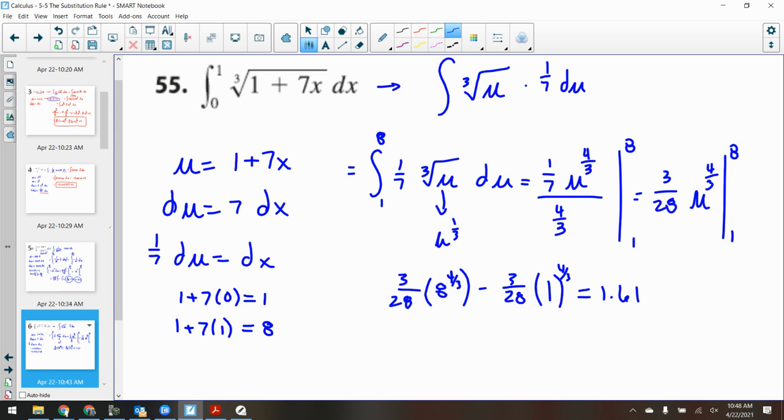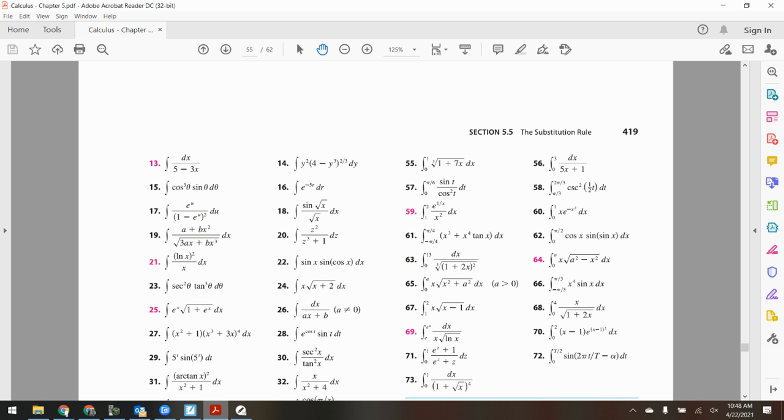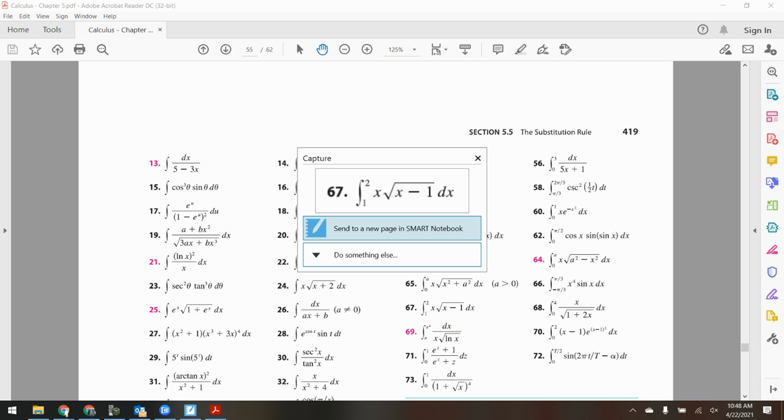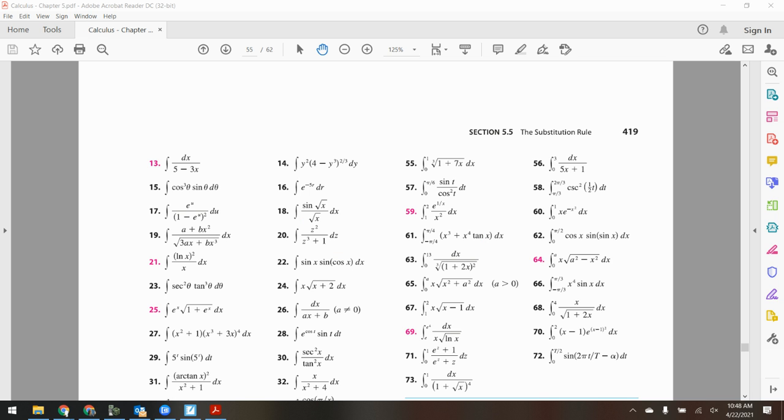Oh, yeah, this is a fun one. This is a cool one. Because it's kind of like combining one of those hard ones that we had where you got to use u equal to x plus 2 and then solve for x. So this is a good one to do. I like this one.